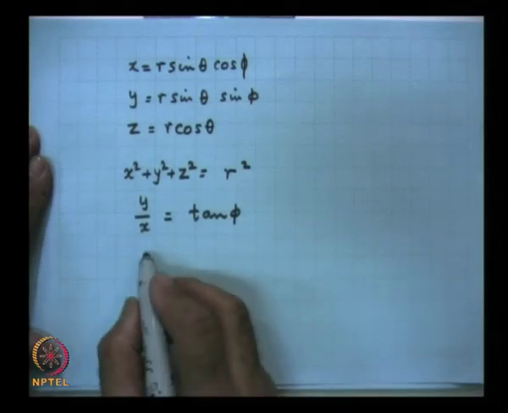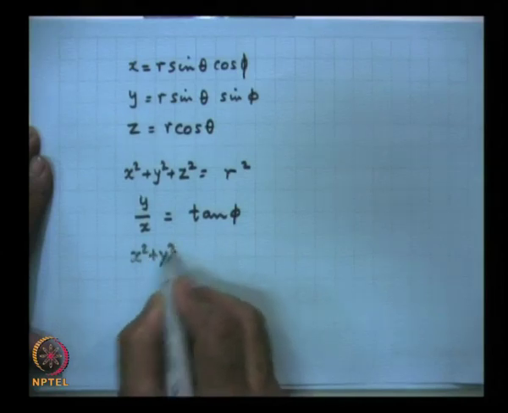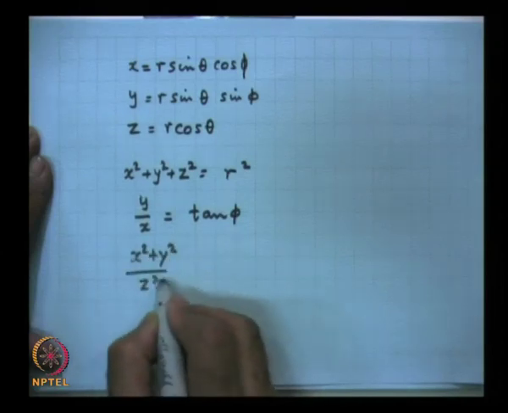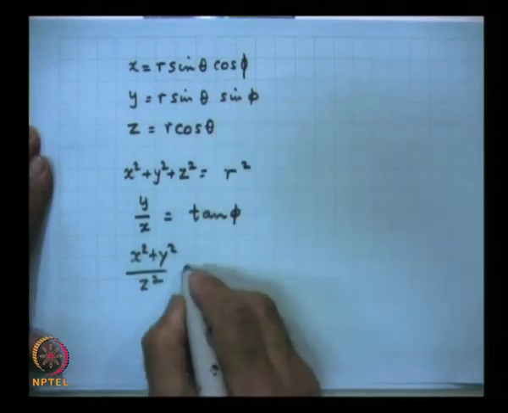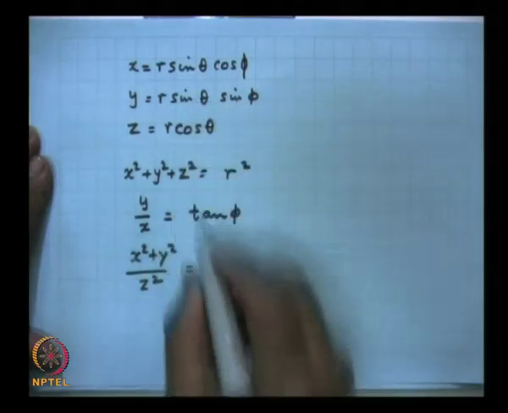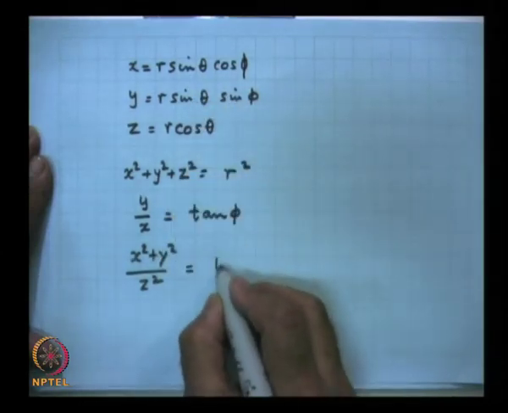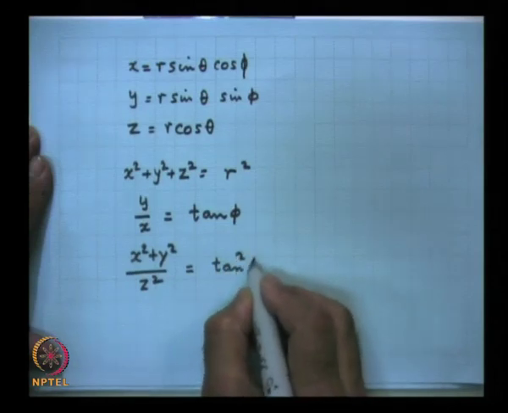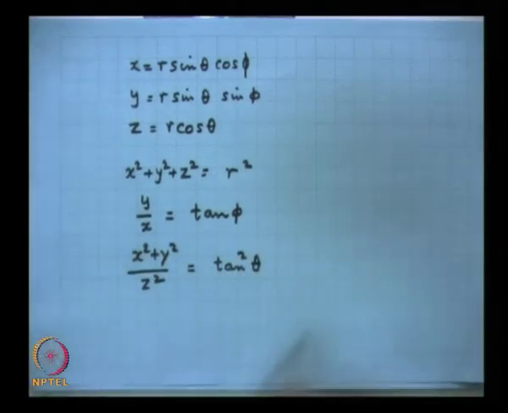And then x squared plus y squared by z squared is r squared sin squared theta by r squared cos squared theta, which is equal to tan squared theta. So, these are the relations, six in all, that relate the Cartesian coordinates with the spherical polar coordinates.